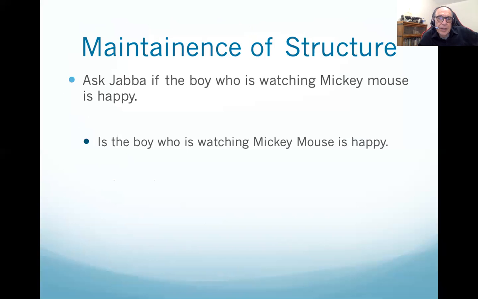So if the child is asked to repeat, "Ask Jabba if the boy who is watching Mickey Mouse is happy." Now that is a complicated sentence, isn't it? "Ask Jabba if the boy who is watching Mickey Mouse is happy." That's because it's "the boy is happy" in that sense, right?